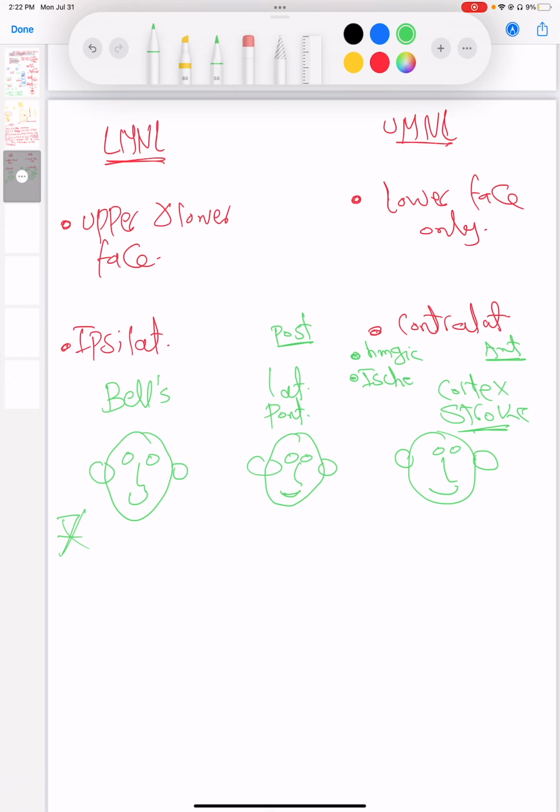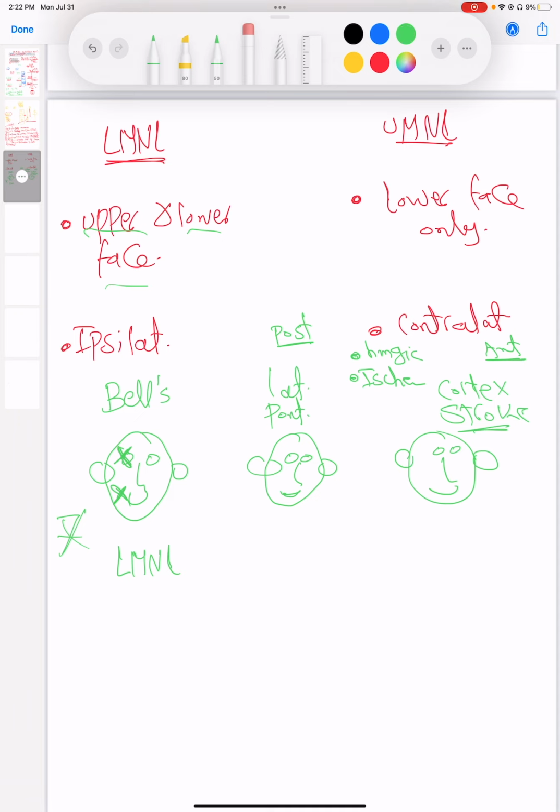So first of all, Bell's palsy. Is it lower motor neuron lesion or upper motor neuron lesion? It's lower motor neuron lesion, and if it's lower motor neuron lesion, then upper and lower face are involved. So we have here involved and here involved. What is the function of cranial nerve 7?